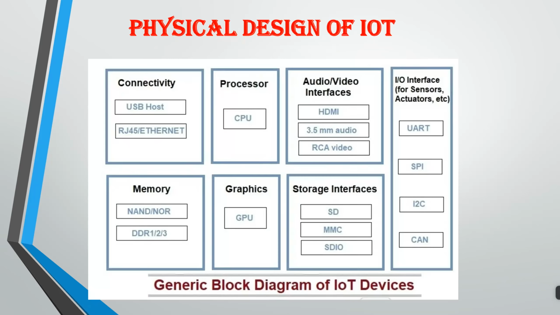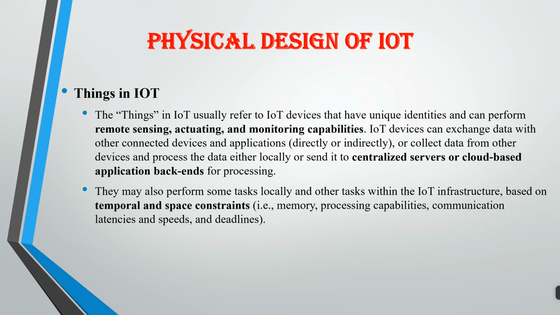Some parts take responsibility for connectivity, and the main part is the processor. Another part takes care of audio and video interfaces, then IO interfaces, internal memory, graphics, then optional storage interfaces. Suppose you want to store the details, you can store them using external storage devices.